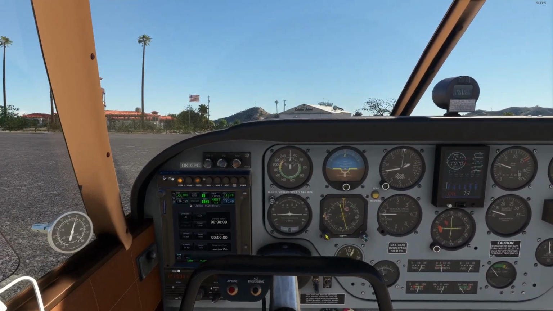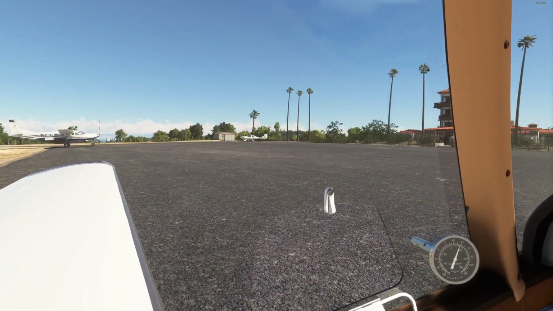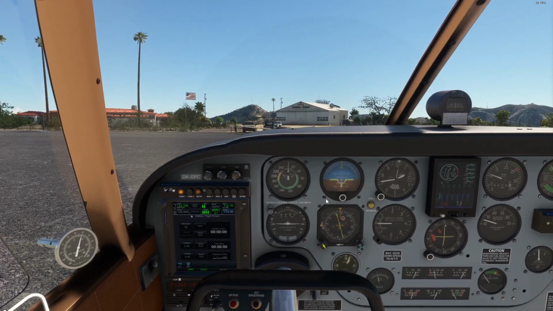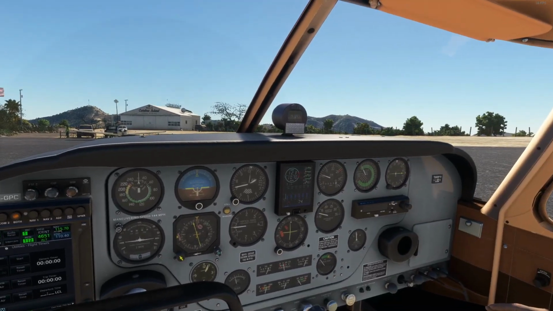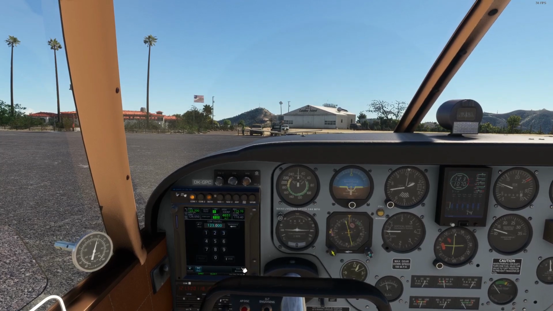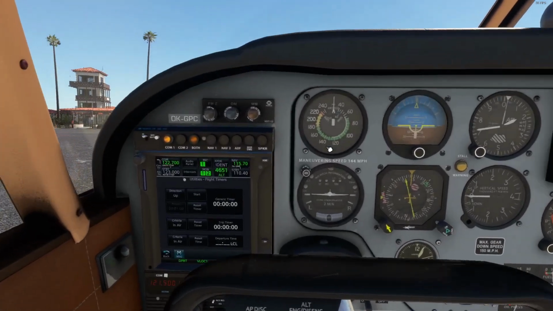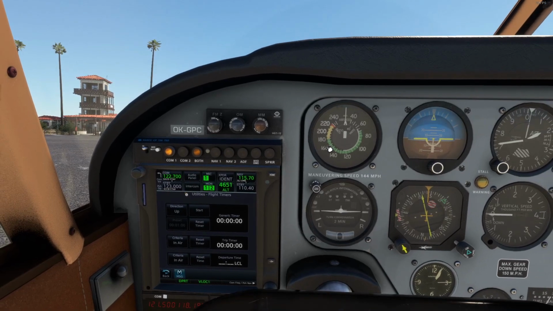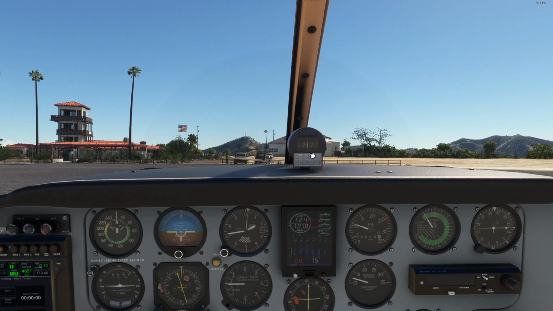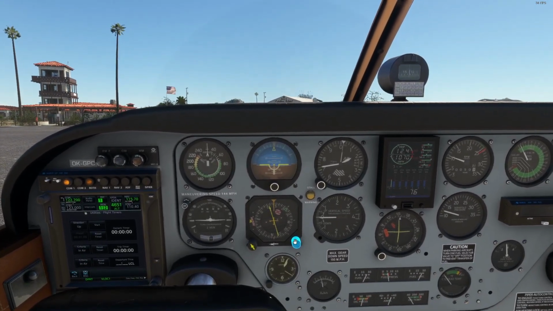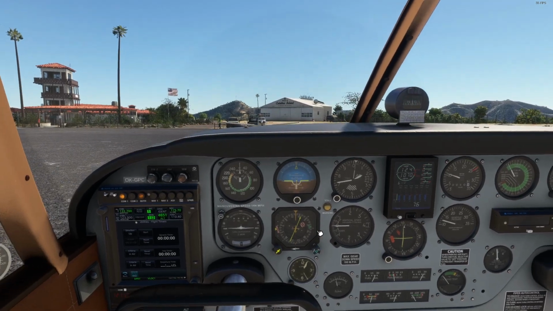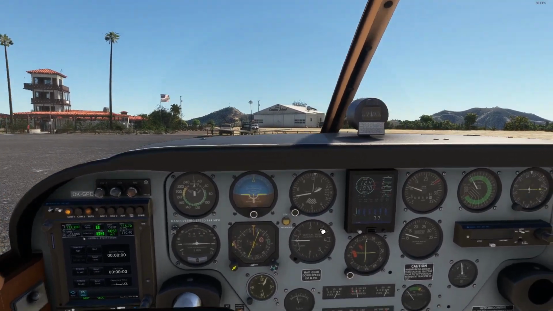CTAF for us here at Catalina is 122.7. And then we have a CTAF 123.0 for our destination, so let's put it there for now. We are showing 135, so let's put it to 135. We'll be using runway 22 for takeoff, which is already set.